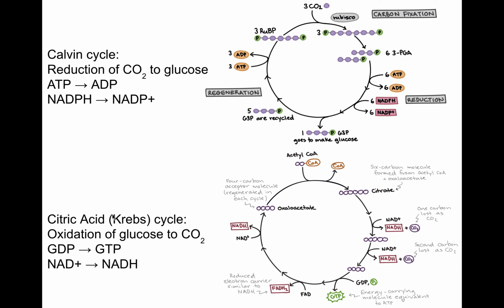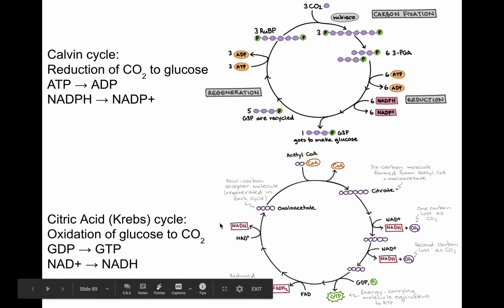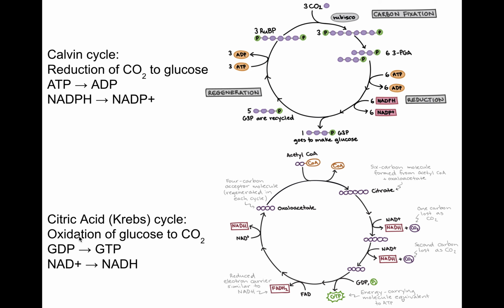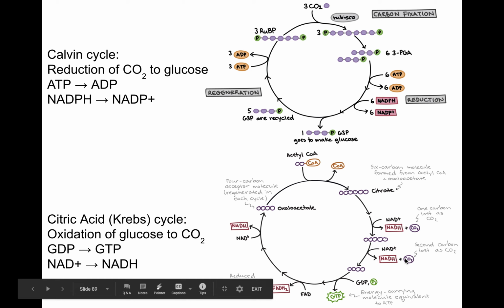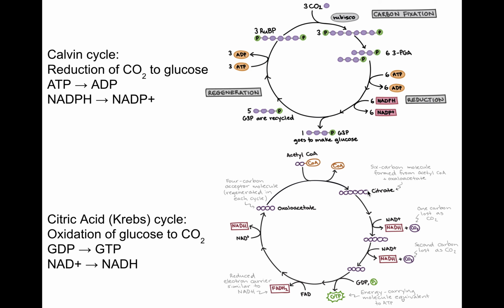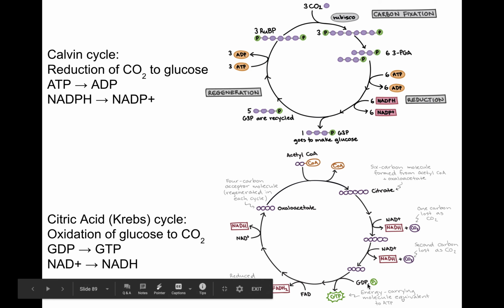In the citric acid cycle, also known as the Krebs cycle or TCA cycle, you have oxidation of glucose to CO2. So you're basically breaking down glucose. CO2 will be your byproduct. As you pluck off those carbons step by step, CO2 is going to be the byproduct.